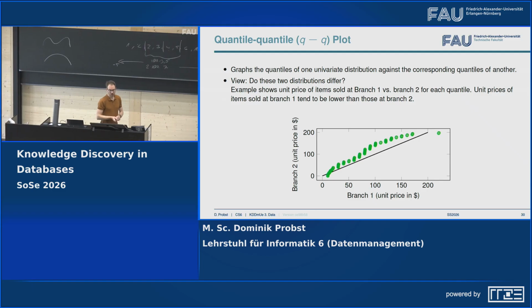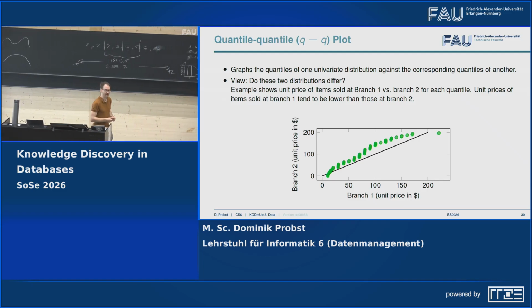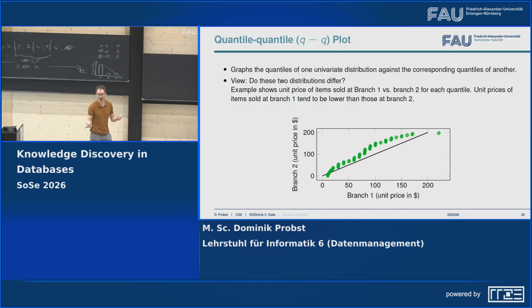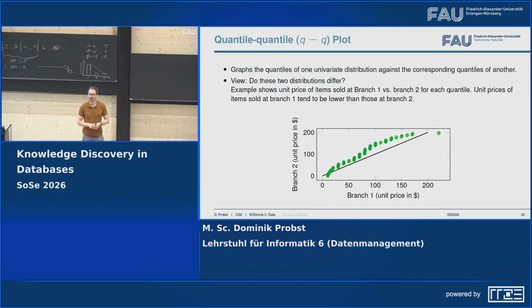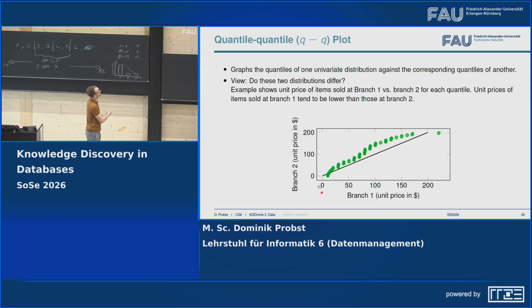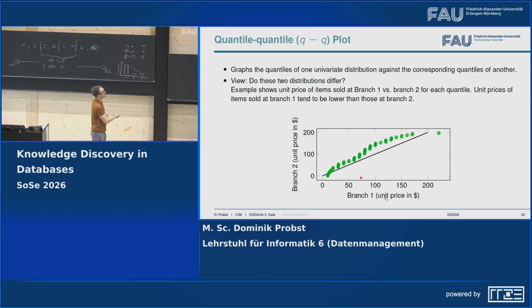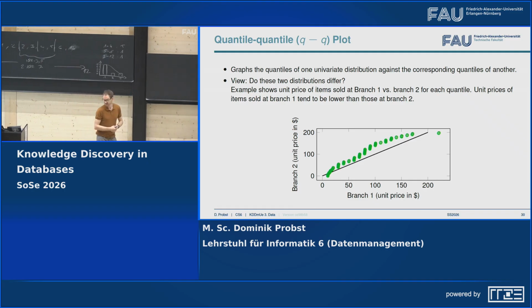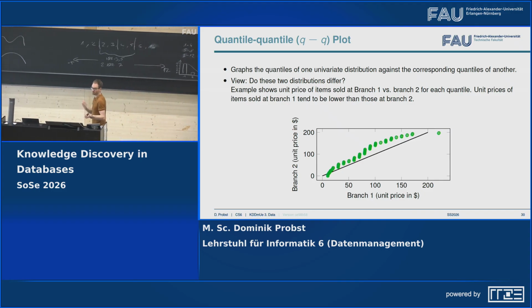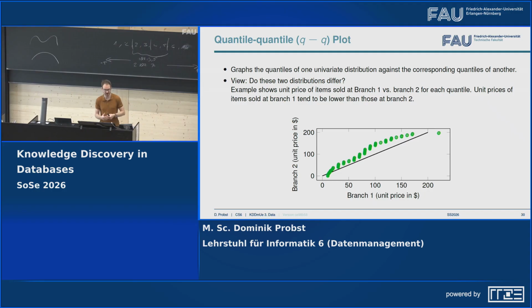We can also compare two different distributions against each other using a quantile to quantile plot, where we simply take a quantile plot of one branch and compare it to the quantile plot of another branch. Out of something like this, we gain the information how these two compare to each other.